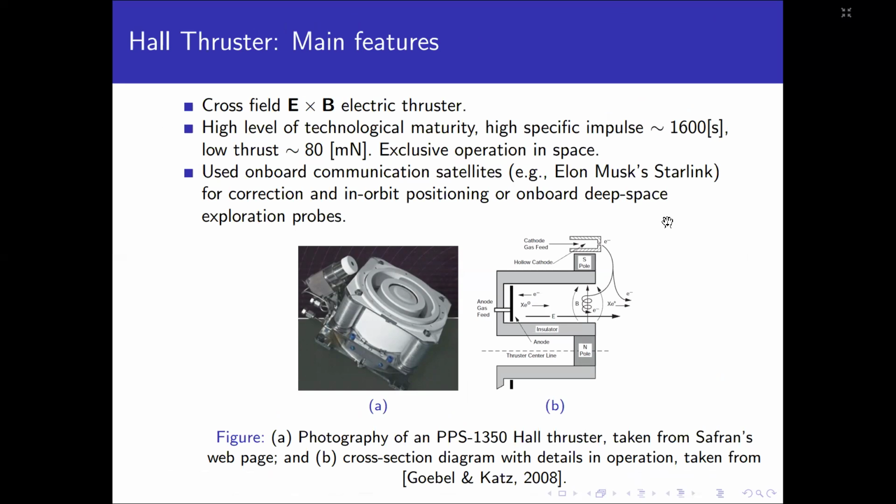For example, in Starlink, we have thousands of satellites that use this type of thruster. But we can improve the efficiency, so maybe they can stay in orbit for a longer period of time. And also, if we are interested in deep space exploration, this type of technology is very good for that, but we need to solve all those efficiency problems, right?